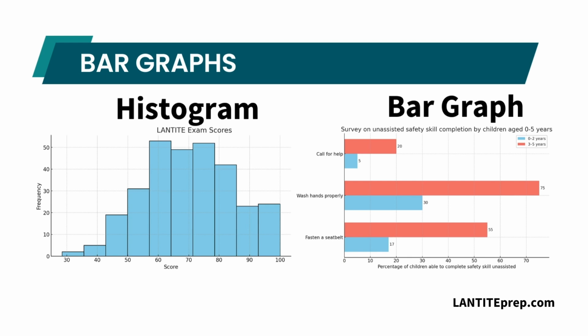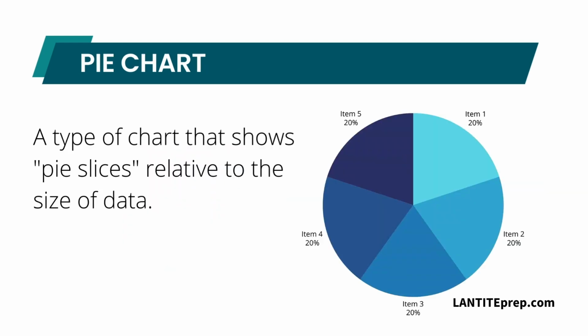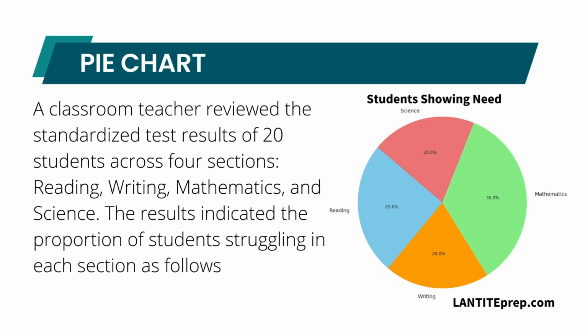Next up, let's have a look at a pie chart, which is a type of chart that shows pie slices relative to the size of the data. Now, let's take a look at an example question. A classroom teacher reviewed the standardized test results of 20 students across 4 sections: reading, writing, mathematics, and science.